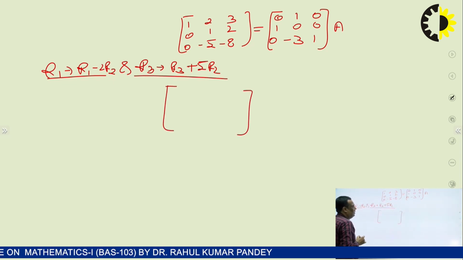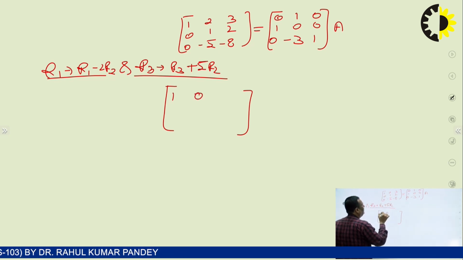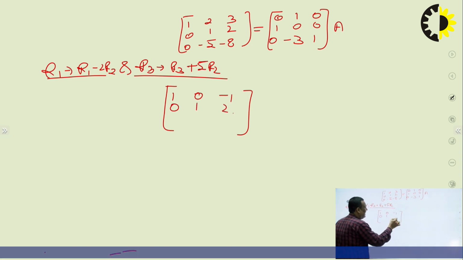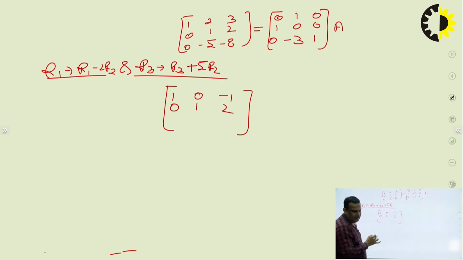First row: 1 0 minus 1, second row: 0 1 2, and the last row will be 0 0 2.